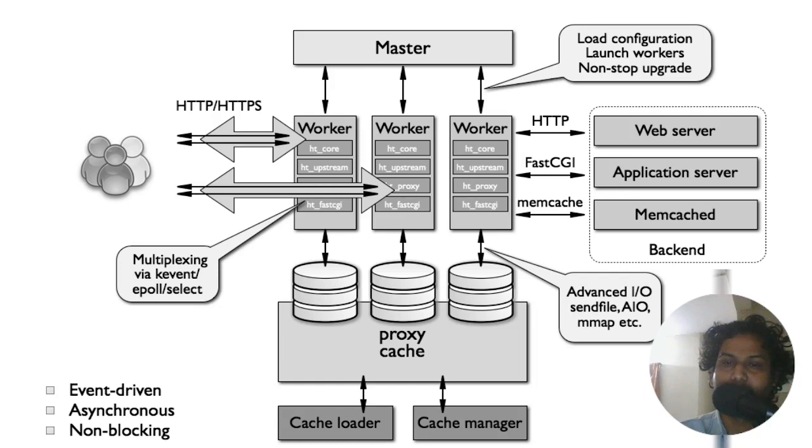Okay, to the upstream. As you can see, FastCGI and memcache or HTTP, it uses them to serve the dynamic code like Laravel, or you can say the Node.js application, or Django application.